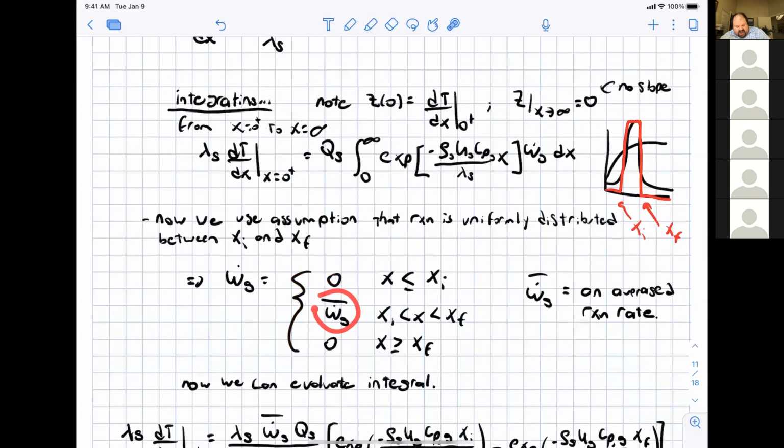And it is some average reaction rate if we are between these two limits, and it is 0 after we've consumed all of the reactants. Okay, where again omega dot G bar is an averaged reaction rate.